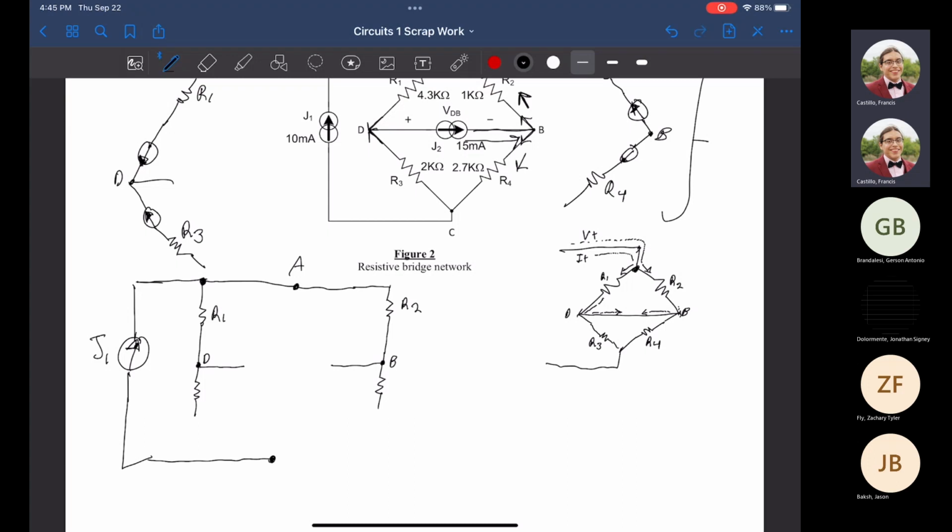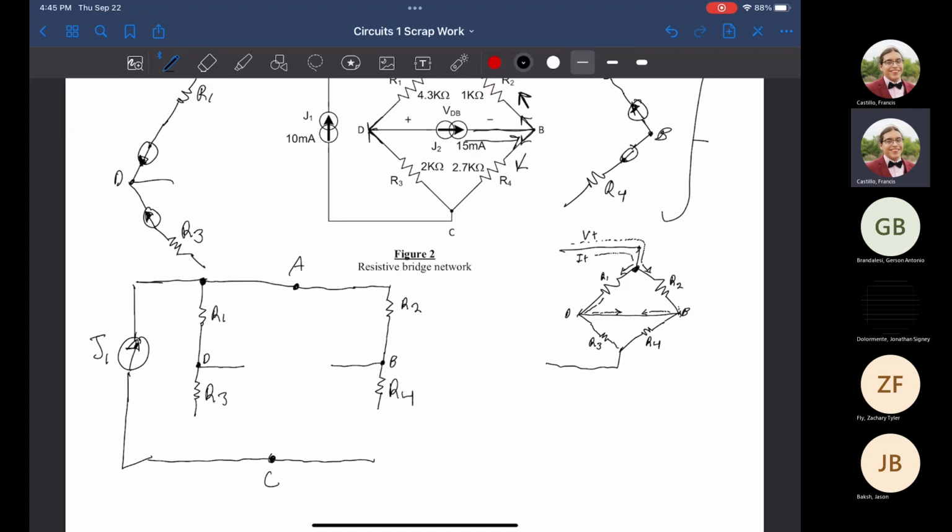Just simply looking at the shape, we can also make our circuit similar to that. So now we know that we got that line there. Here is A, here's C, here's our original source. Nodes D and B, well, all that's missing is how R3 and R4 are connected.